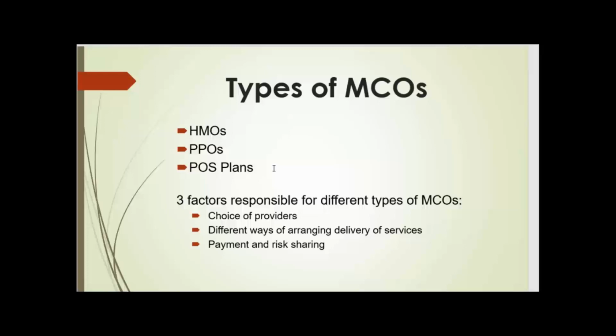It is a type of managed care organization that provides comprehensive medical care for a predetermined monthly fee per enrollee. All right, so let me first start with HMOs, and we'll go through them, and then I will go over a PPO and a POS plan.